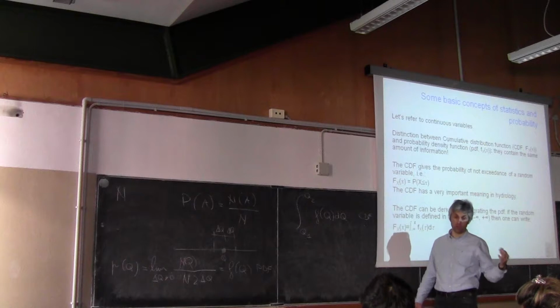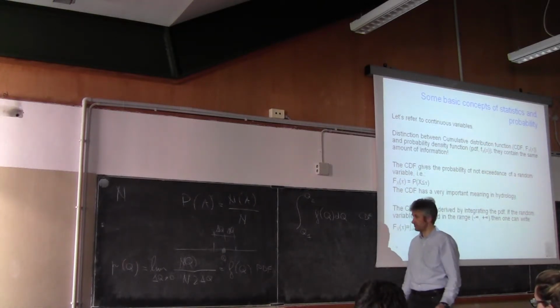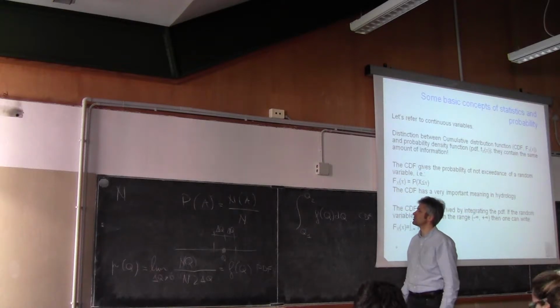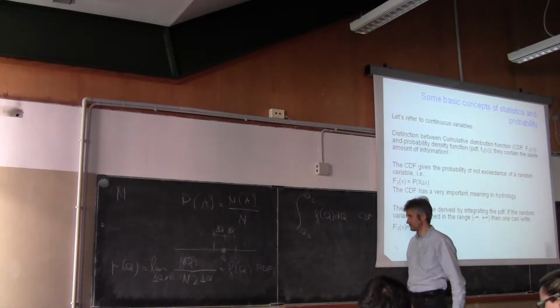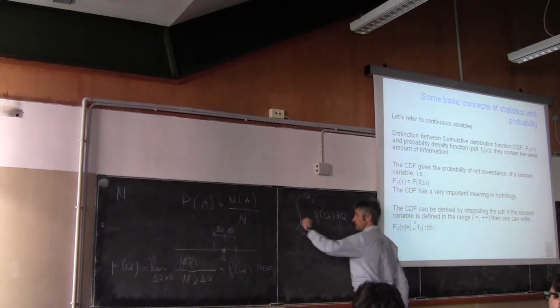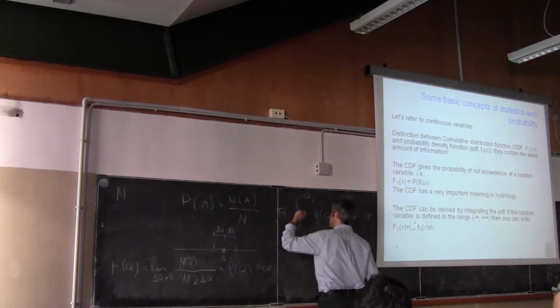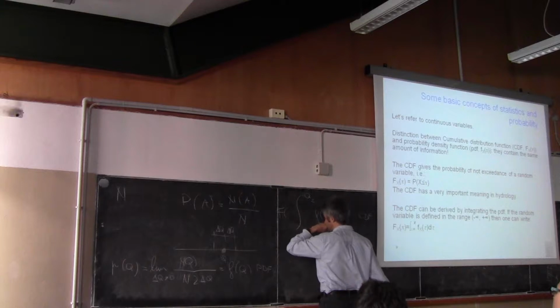It is the cumulative distribution function, which gives what? This is usually indicated with the symbol F.